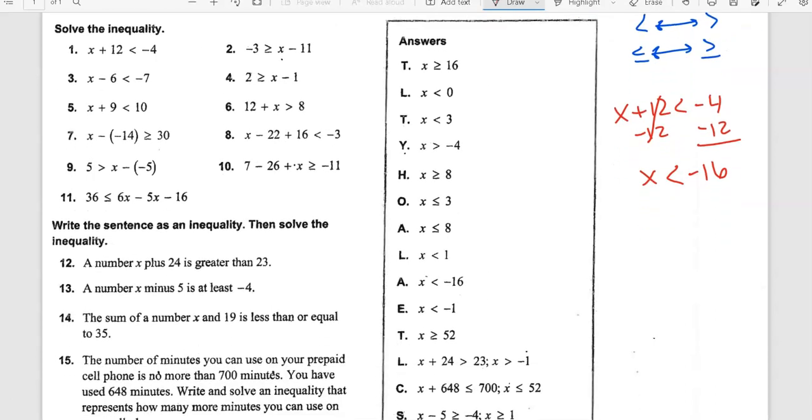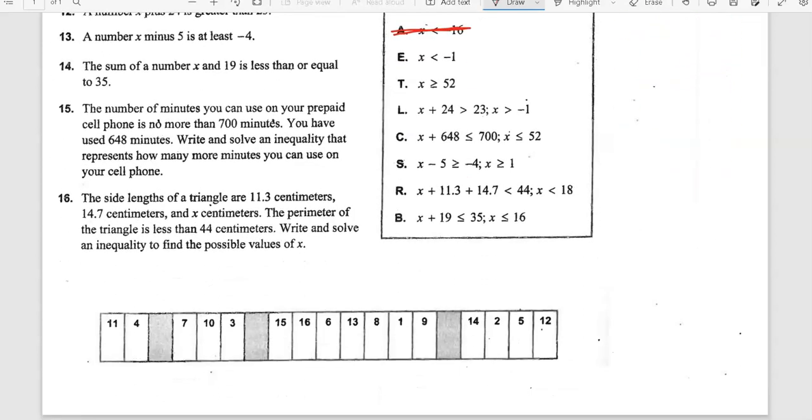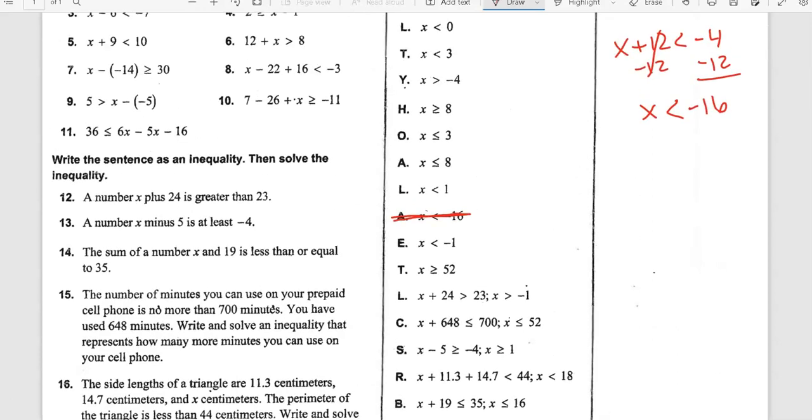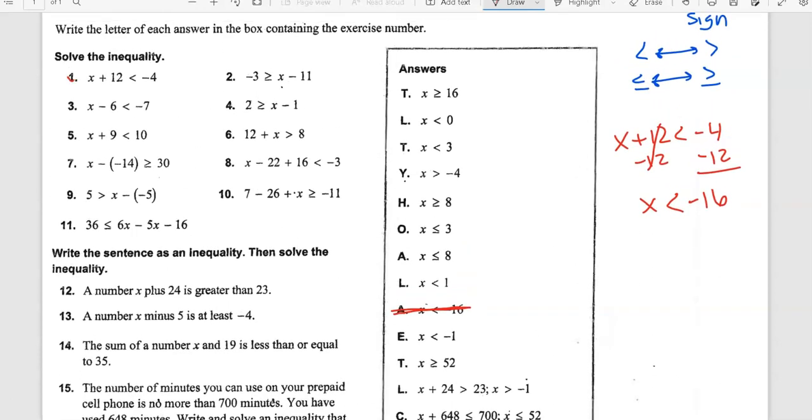Yep, it's A. So wherever we see number 1, we're going to replace it with A. So it's new stuff, but it's also all kind of reviewing how to solve for x at the same time.